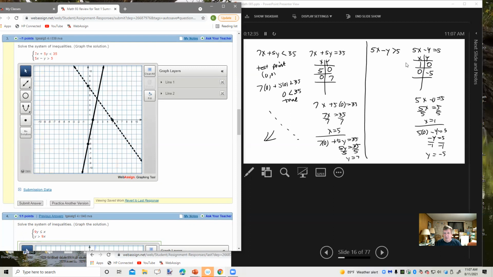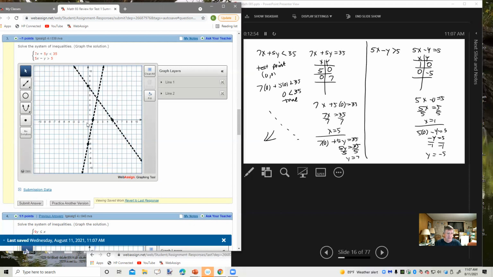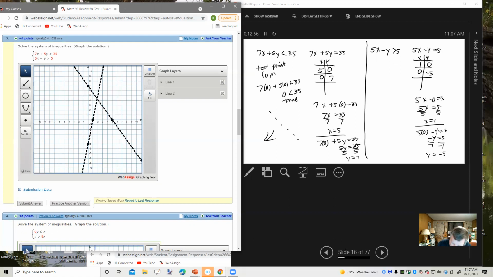All right. This one also does not include equals, so it would be a dashed line. Now, which side of the dashed line are we on? Well, again, let's pick 0, 0 as a test point. Remember, a test point can be any point that's not on the actual line. 0, 0 is an easy one to deal with.